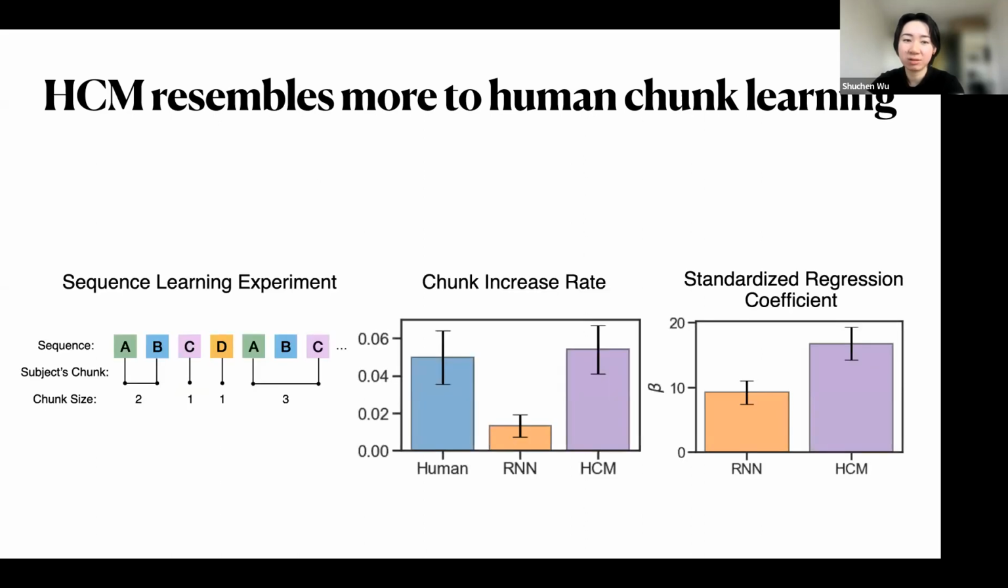So, this slide, I think it's more succinct. Basically in this experiment, we compared the chunks learned by HCM to human chunk learning. There is actually a set of sequence learning experiments behind this comparison. We ask people to do sequence learning experiments.